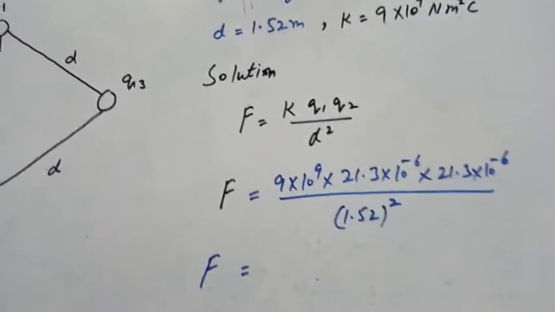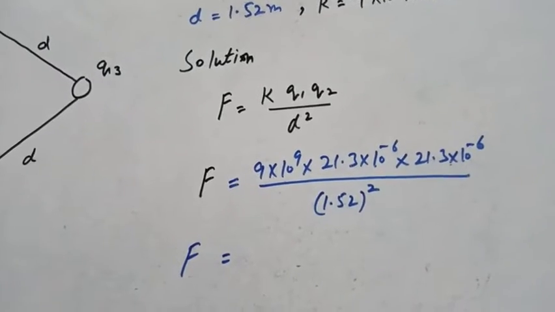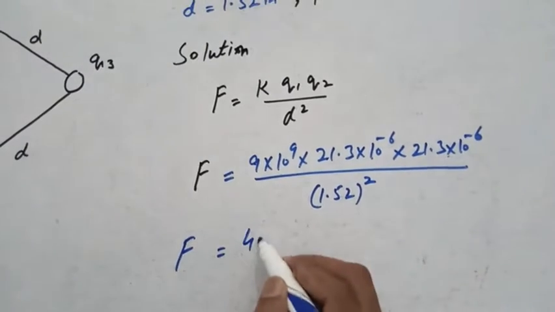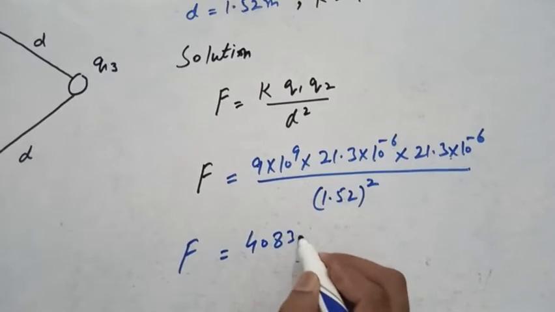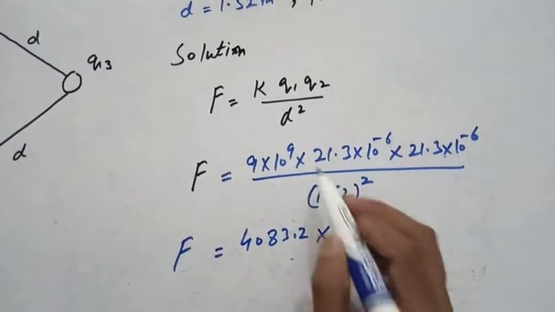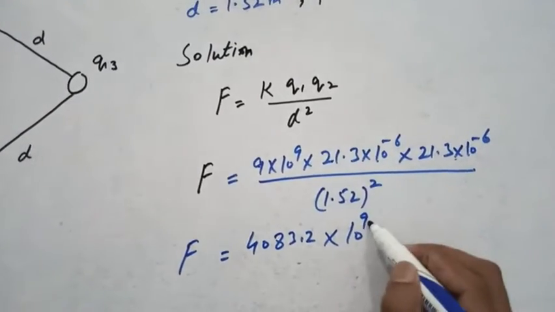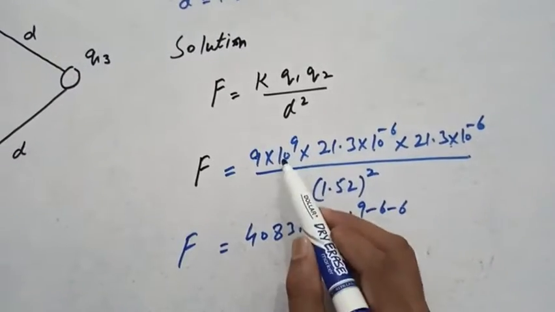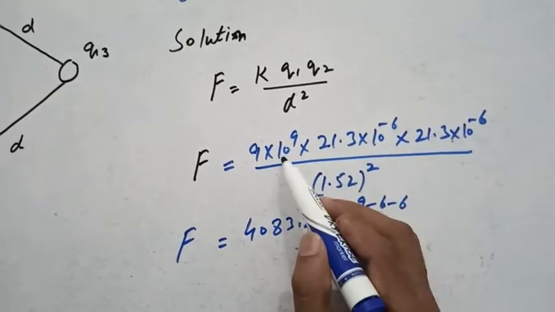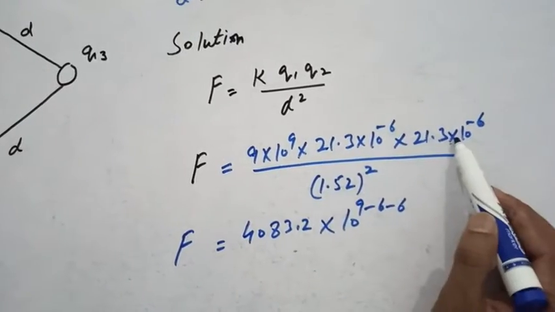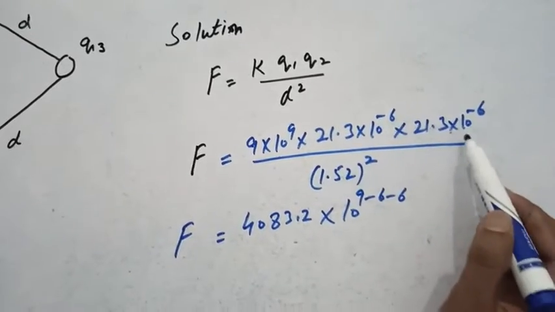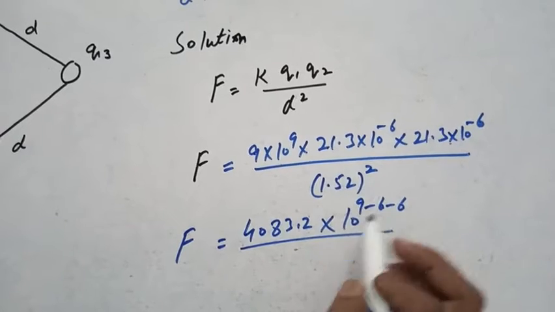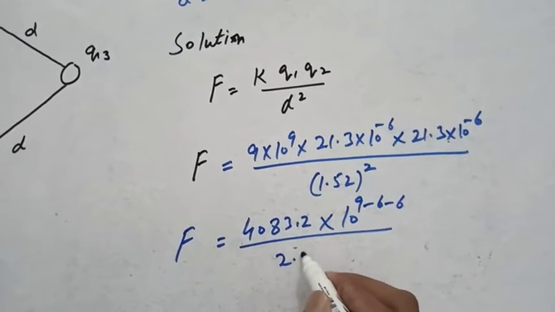Now we calculate the force, and multiplying these terms we get 4083.2 into 10 to the 9 minus 6 and this minus 6. When numbers are multiplied and some numbers have the same base, then their powers are added. So the square of 1.52 becomes 2.31.